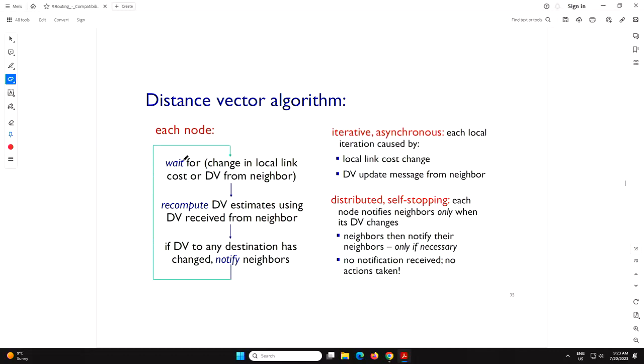So you can see that either you can wait for a change and then you recompute, and if it changes your routing table, then you exchange. You can do that if then else, but instead, in practical systems, every 30 seconds you do it anyway, right? Because you don't want to wait.